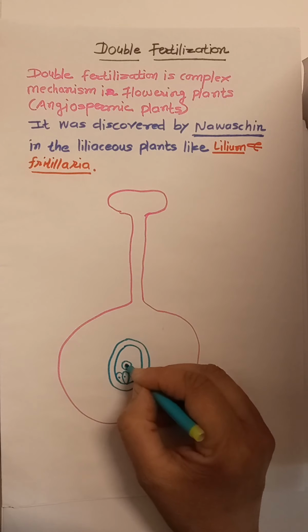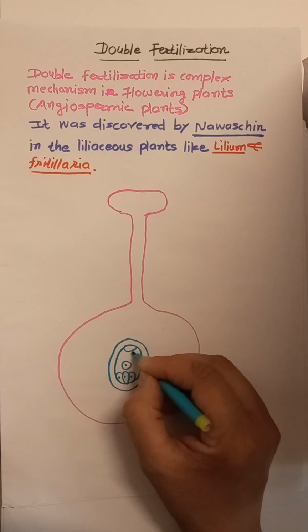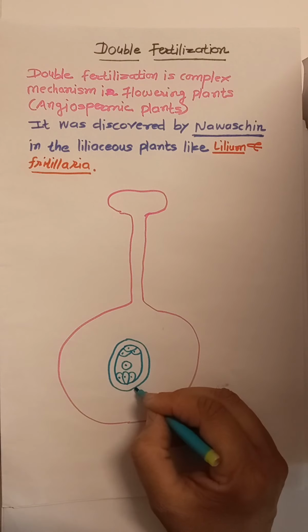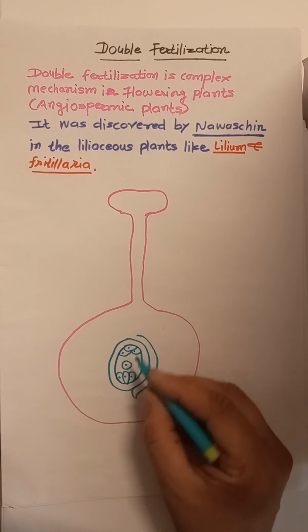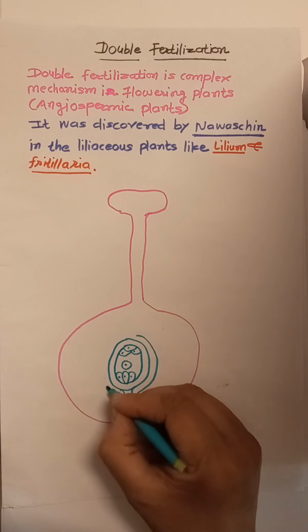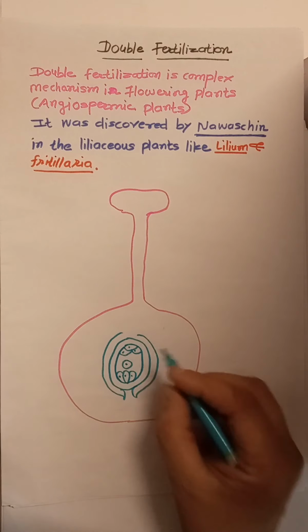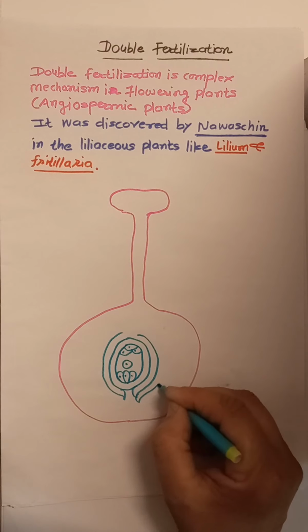This is secondary nucleus. These are antipodals and see this is inner integument and this is outer integument.